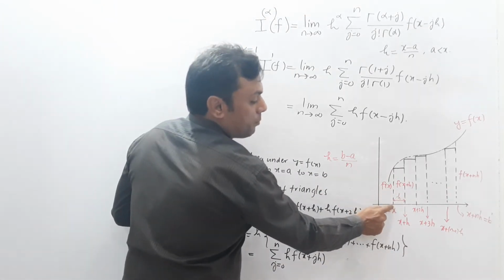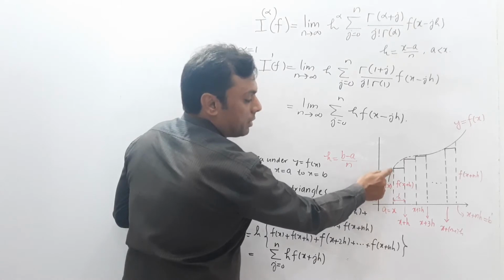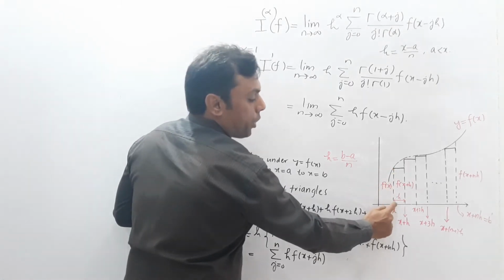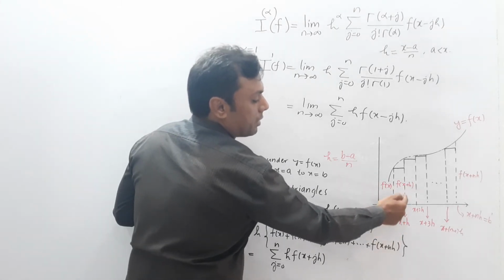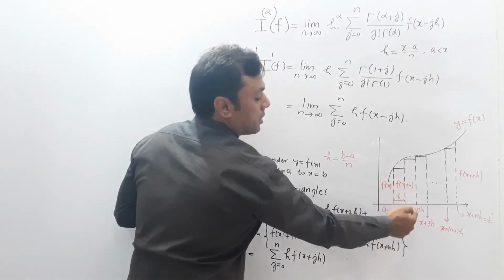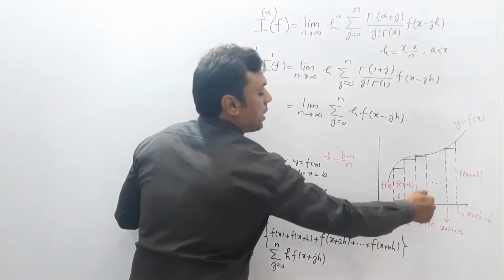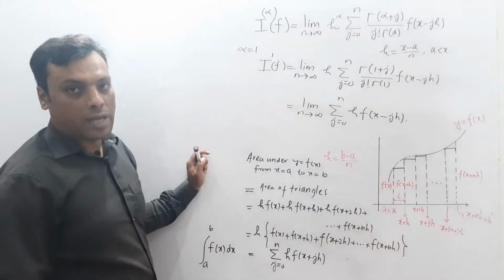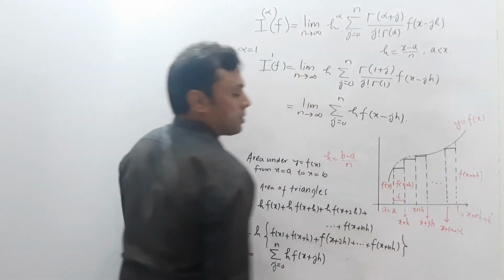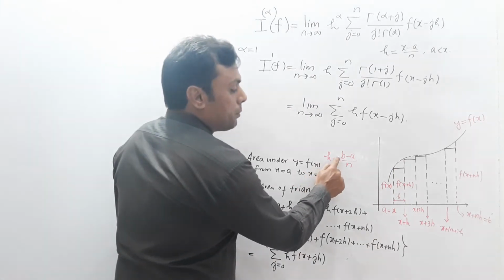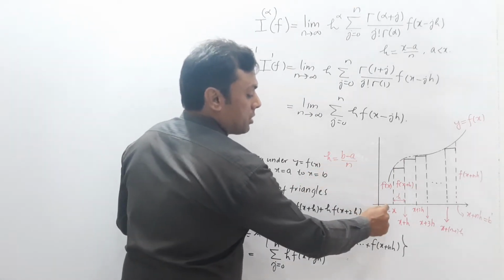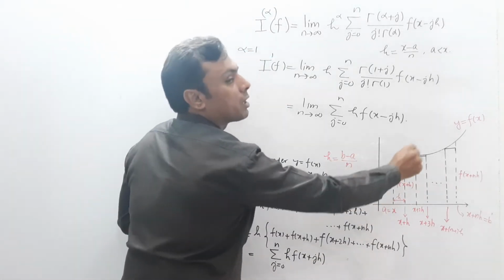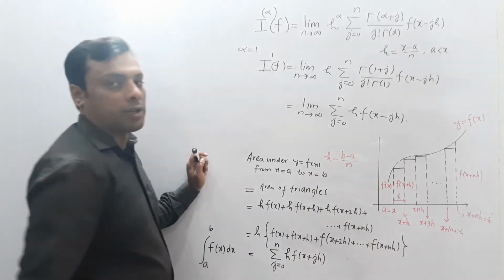If this is the point x, my starting point, the height of this rectangle would be f of x. The second point is x plus h and its height would be f of x plus h. This is the third point, x plus 2h, then x plus 3h, and so on, up to x plus n minus 1 times h, and the last point x plus nh, where h is b minus a over n. The interval a to b has length b minus a, divided by n, the number of rectangles, so this is the width of each rectangle.